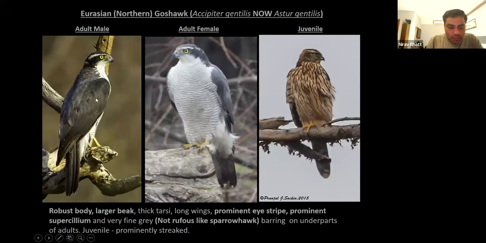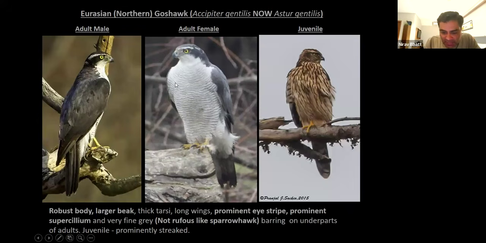So this is one of the most important pointers for a Eurasian goshawk. What we see here is a robust body, large beak, thicker tarsi. The tarsi are thicker in comparison to sparrowhawk. Okay, prominent eye stripe and a prominent eyebrow. It is similar to Eurasian sparrowhawk, and that is how people confuse it.